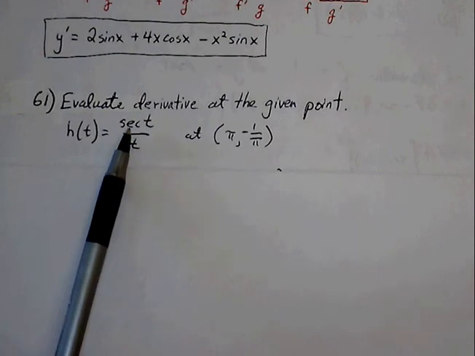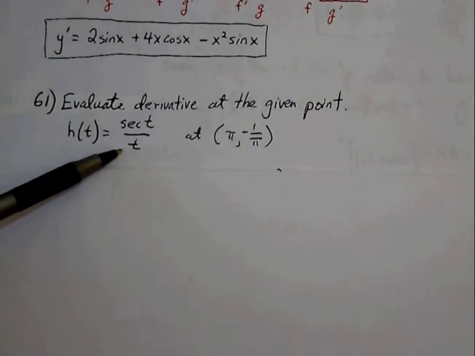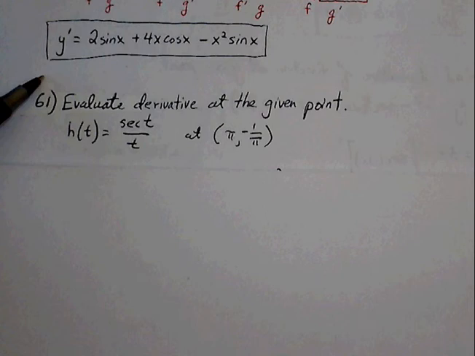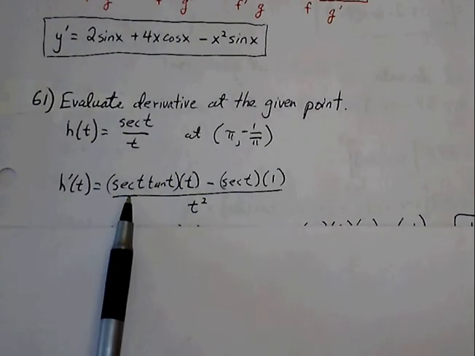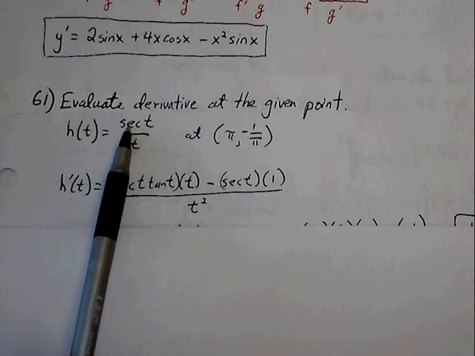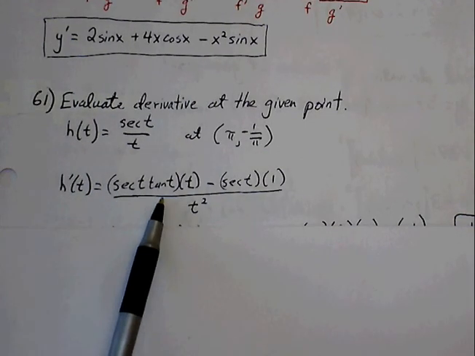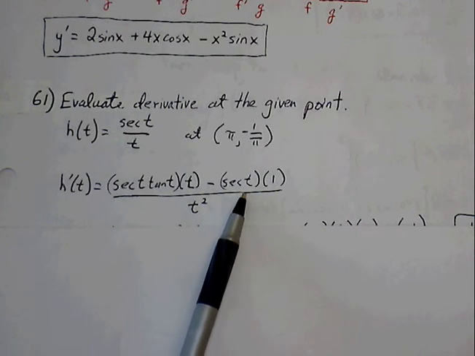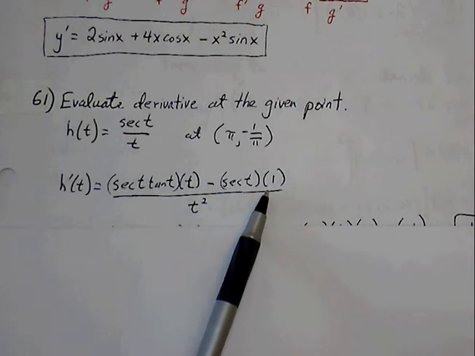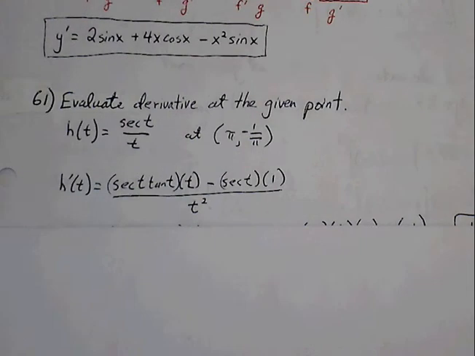So here I have a function over another function, so I'm going to go through quotient rule. Okay, so then I have f prime, secant of t's derivative is secant tangent, times g, minus f times g prime. So the derivative of t is 1, all over t squared.